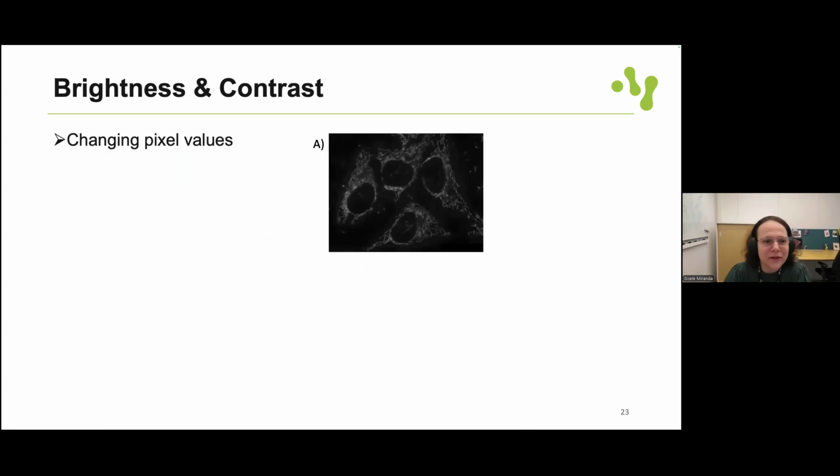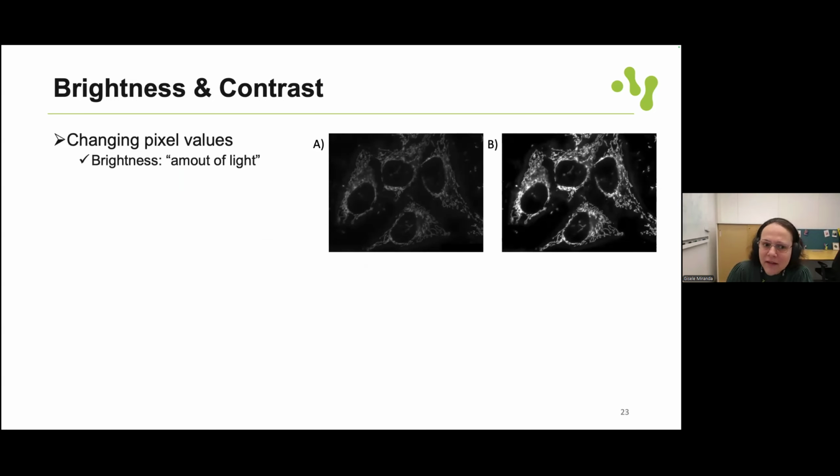And it's also important to understand the concepts of brightness and contrast. Brightness is related to the amount of light, and it's a relative context. So when we look at both images here at the same time, we can say that B is brighter than A. But contrast is related to the maximum difference in intensity.